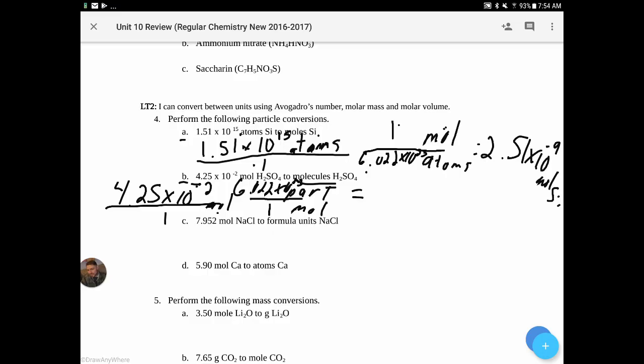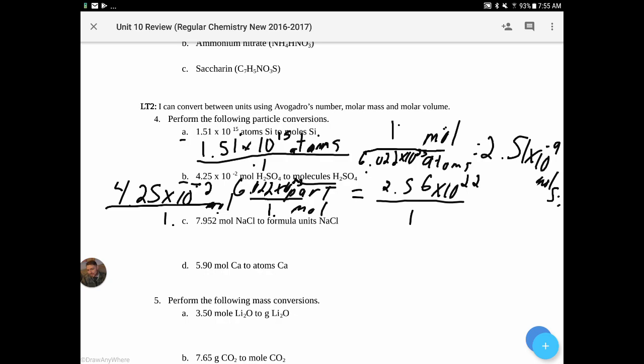So now this time, we take our top numbers, we multiply them together. We get 2.56 times 10 to the 22nd over 1 times 1, which is 1.